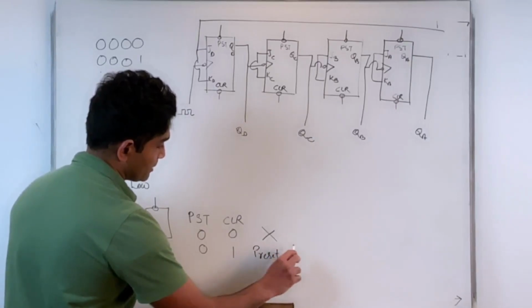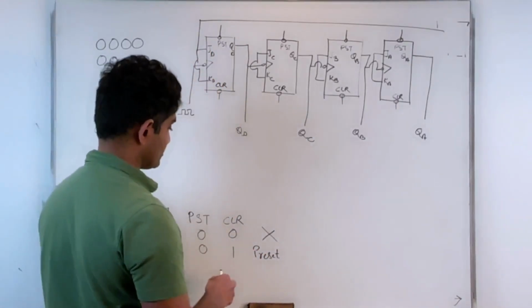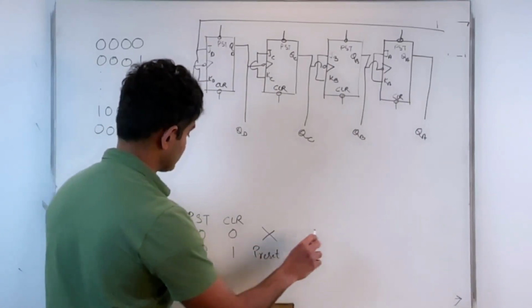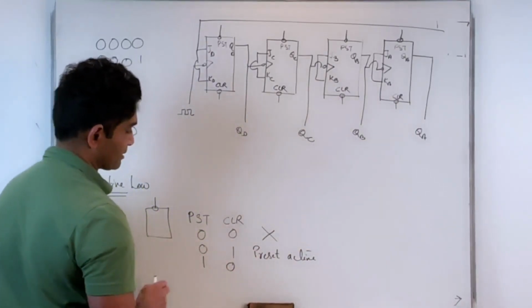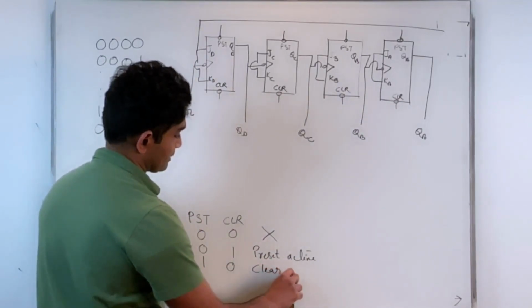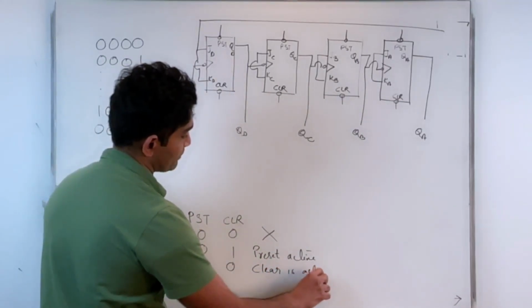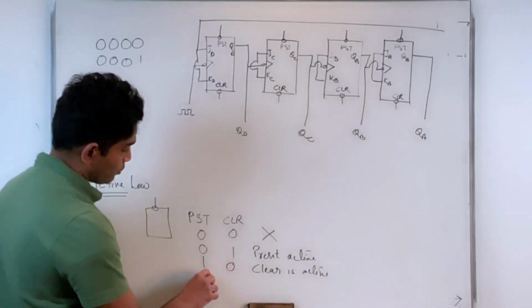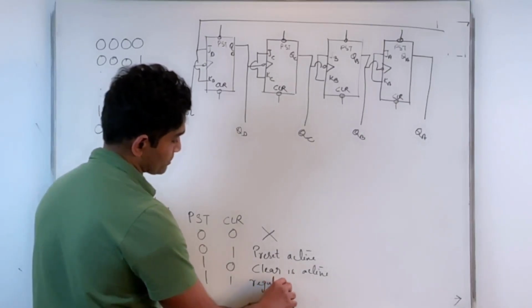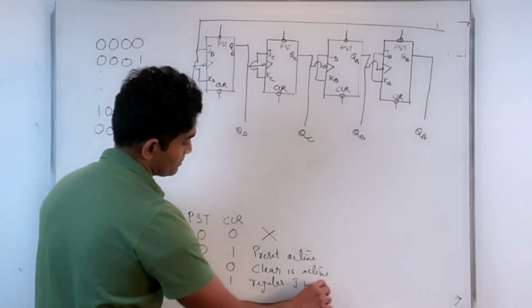That means I'm forcing the values to be a 1 on my flip-flop. 1, 0 indicates that my clear input is active. That means I'm clearing the output of the flip-flop. 1, 1 indicates a regular JK flip-flop operation.